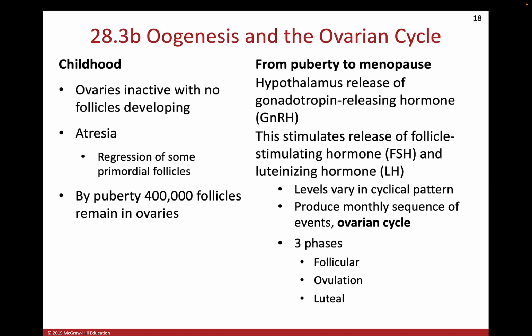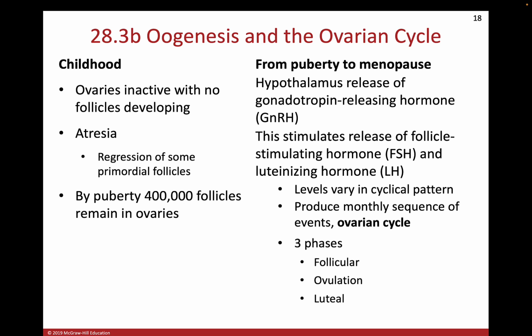Now, from puberty to menopause, the hypothalamus releases gonadotropin-releasing hormone. This stimulates the release of follicle-stimulating hormone and luteinizing hormone. Now, the levels of these hormones vary in a cyclical pattern and produce a monthly sequence of events known as the ovarian cycle.